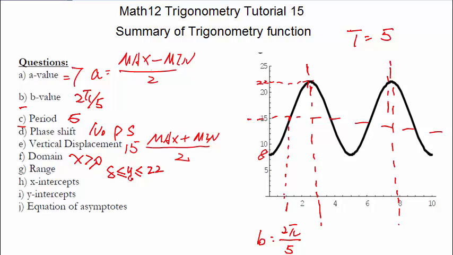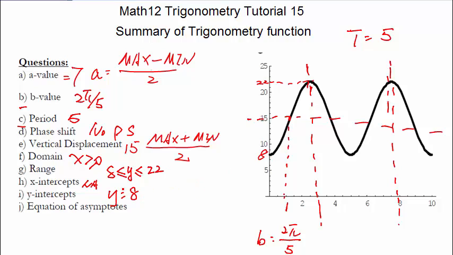Done. Okay, x-intercept is where the graph intersects the x-axis. Do we have any? No, no x-intercept, not applicable, because the graph is always above the x-axis. The y-intercept is where the graph intersects the y-axis, which is y equals 8.